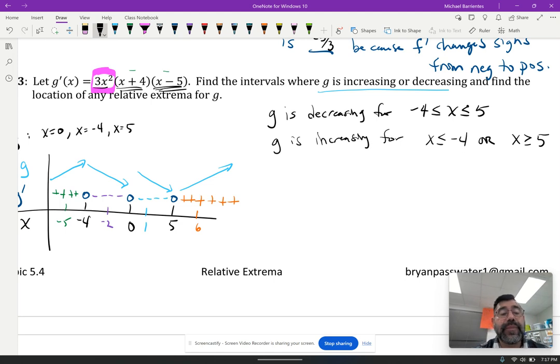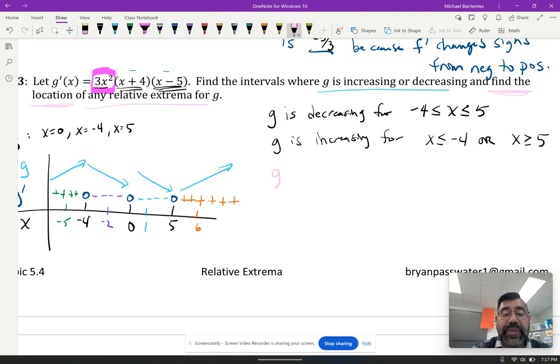Now the relative extrema. Notice the phrasing of this part: find the location of any relative extrema. They're not asking us for the y value where we have to plug in like we did last time. Now they just want to know where it occurs, what x value.